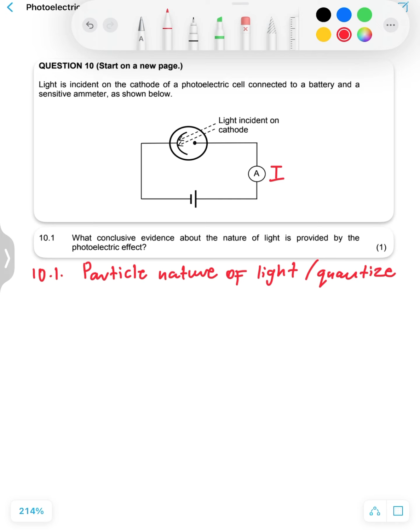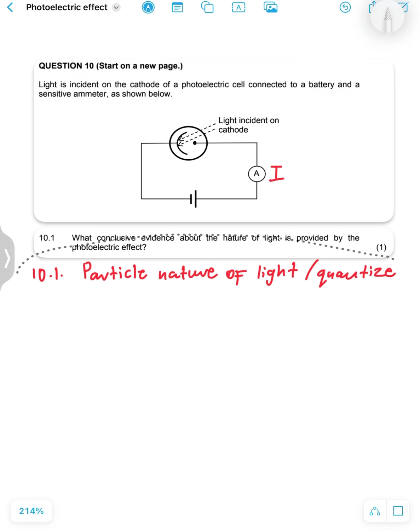So each photon transfers its energy to a single electron.